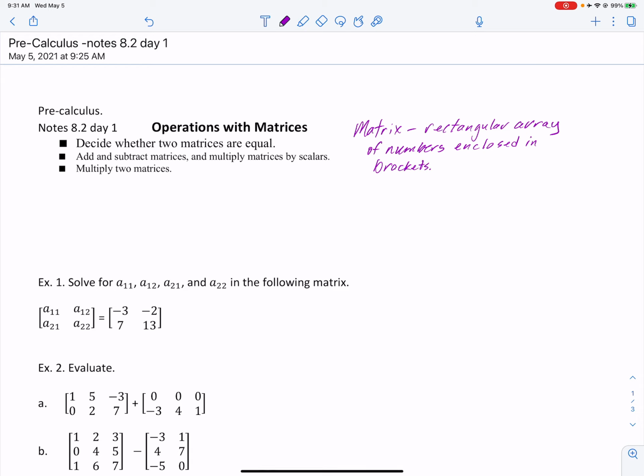So a matrix is just a set of numbers. It's kind of like a spreadsheet. So for example, you might have this as a matrix.